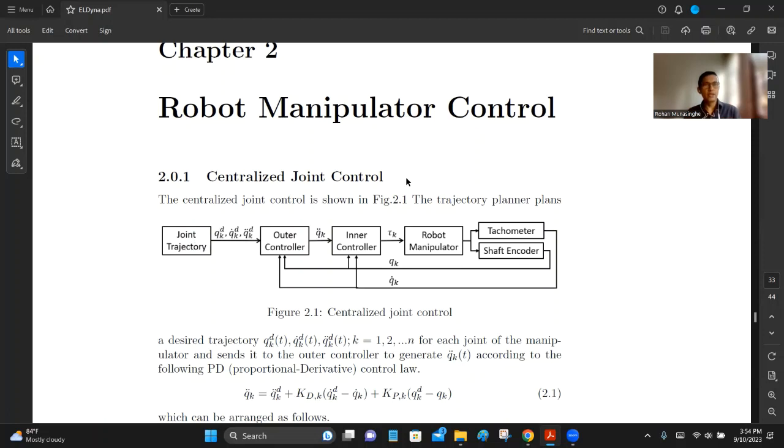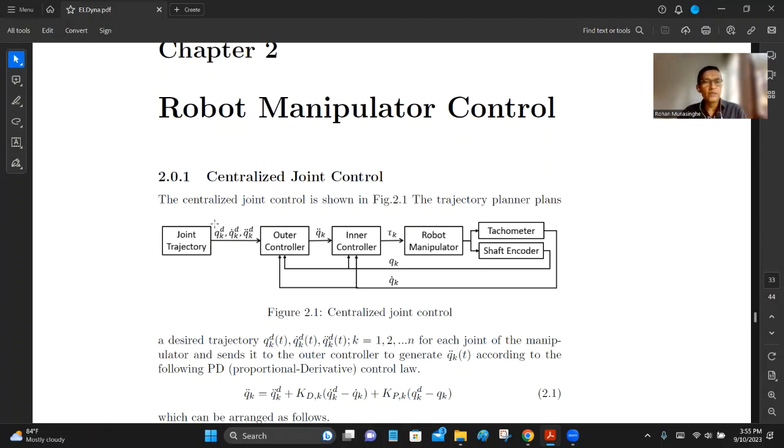So meaning that, say you have n number of joints in your manipulator. For each and every joint, you have the profile already generated. It's the joint profile, right? So when I say joint profile, I refer to what? Q dot, Q double dot, right? For all of the joints: joint 1, Q dot, Q double dot. Joint 2, Q dot, Q double dot. Joint 3, and so on.